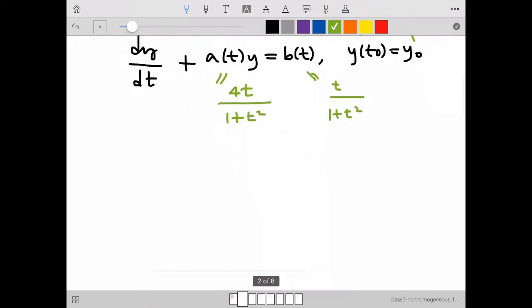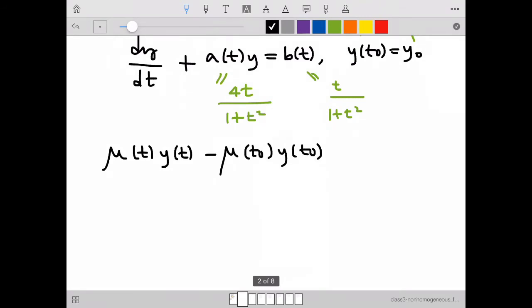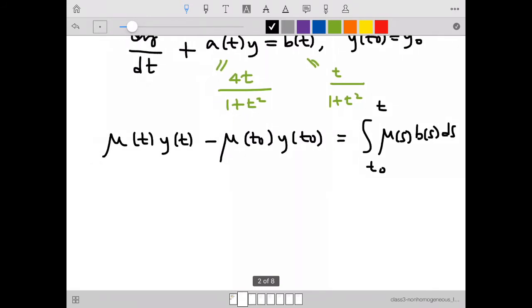Then plug that into the formula: mu(t) y(t) minus mu(t0) y(t0) equals the integral from t0 to t of mu(s) b(s) ds. That was the formula, so just plug in.